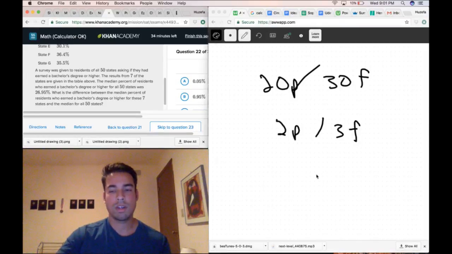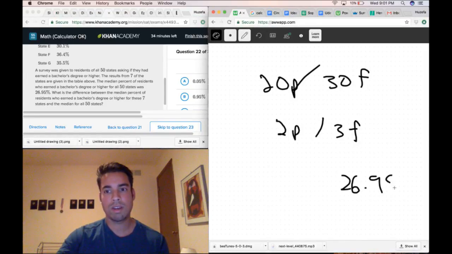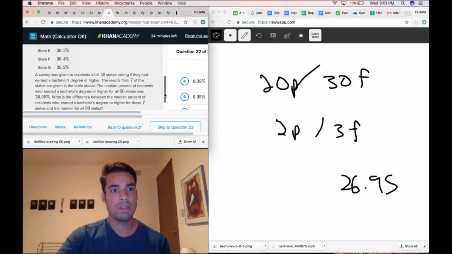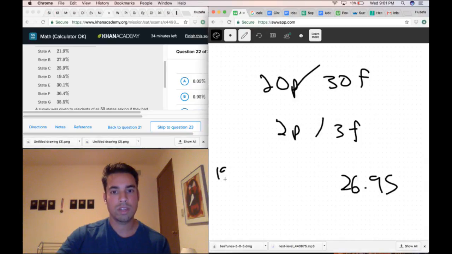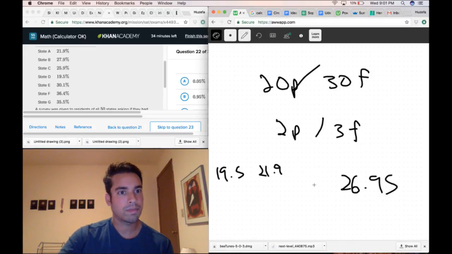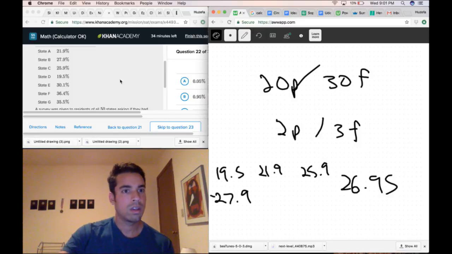So we just have to find the median for this. 26.95 is the median for the 50. And then for this one, we have to go from least to greatest. I'm going to order them over here. So 19.5 is the least. Then I think we got 21.9. Then 25.9, right? 27.9. I think that's right.